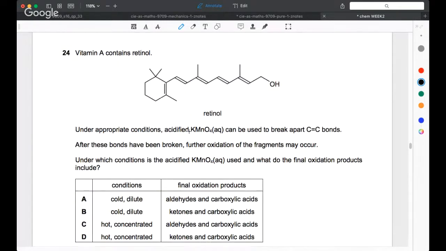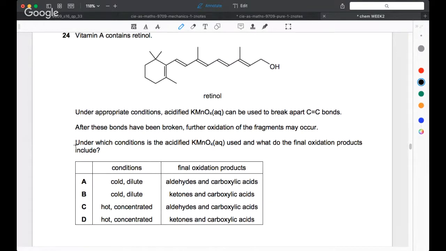Question 24. So all those bits are not useful. The only useful bit is from this.